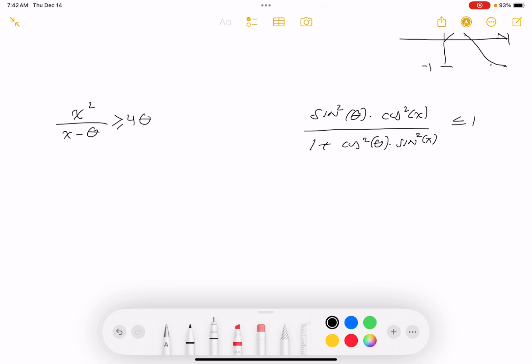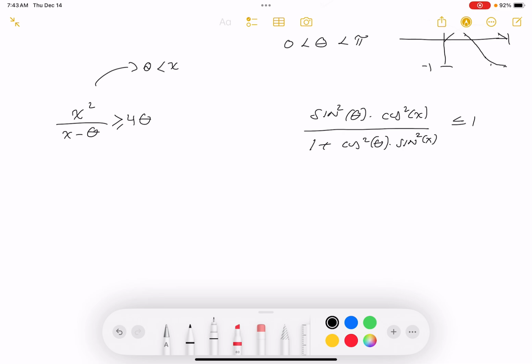And let's just talk about this over here. The theta here has got to be, let's see, I'm sorry, no, not the theta. Let me erase this over here. The theta is still going to be between 0 and pi. Now, what do I know about the x over here? The x is going to be greater than theta, all right, I know that much.